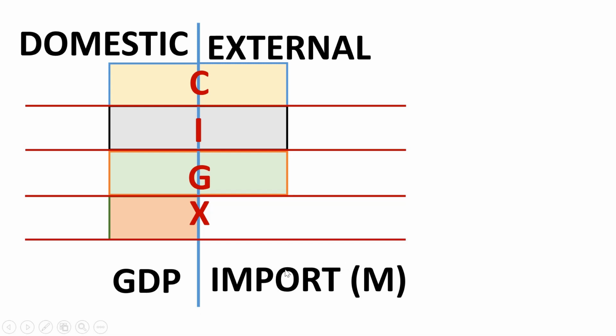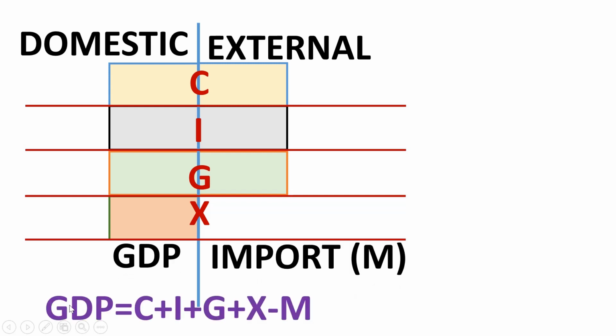And the moment we do that, we have taken out expenditure on foreign produced goods, and we are left with our GDP. So in the simplest way, GDP is equal to C plus I plus J plus X. And when we do that, we know that we have this external component which together constitute imports. And we subtract imports so that we come back to the GDP we are searching for.